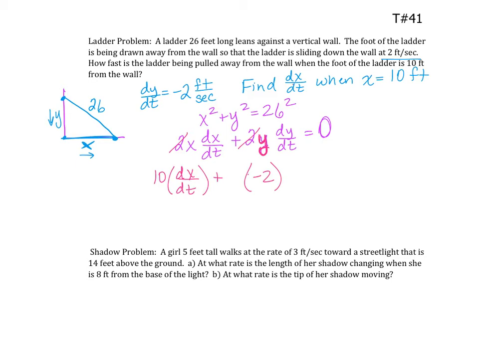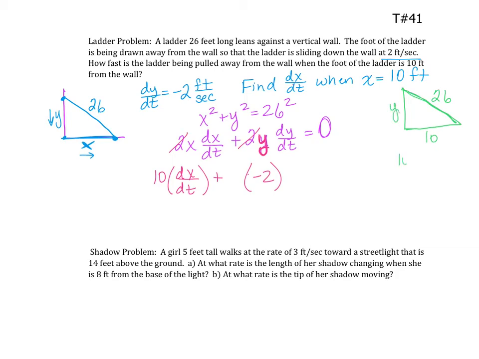Let's go back, and some people write it under here, you're given. Some people do another picture. I don't care where you write it. Over here at this snapshot moment, when x is 10 and the ladder is 26, can you figure out what that distance would be?